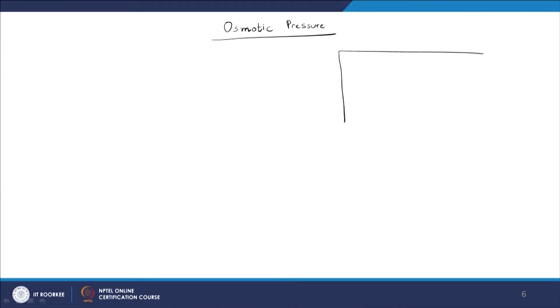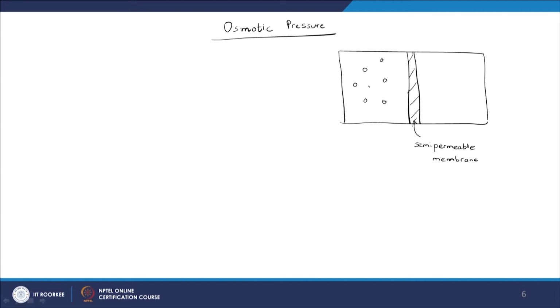So, you have a chamber that contains a semi permeable membrane on one side of the chamber. You have a solution containing solute particles.